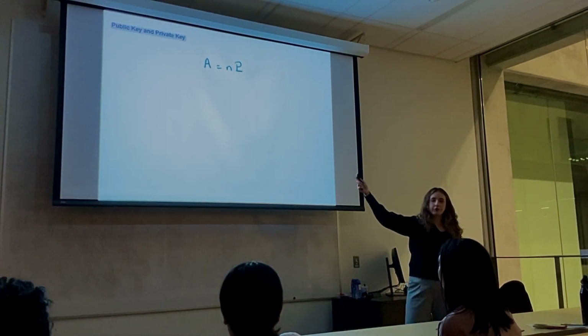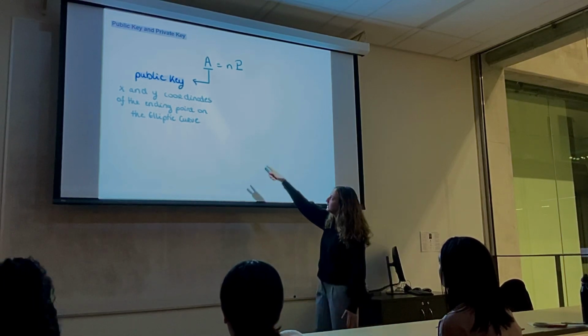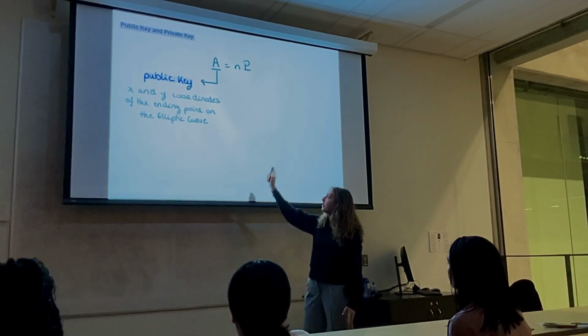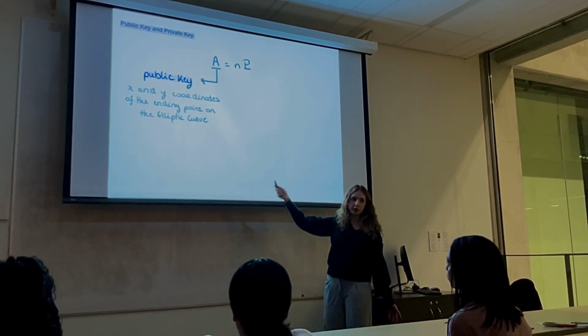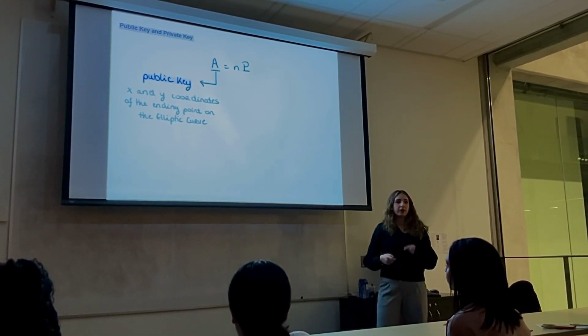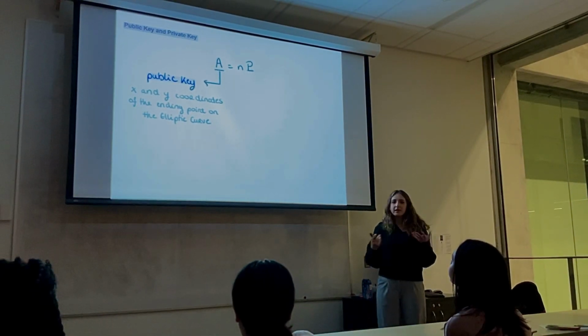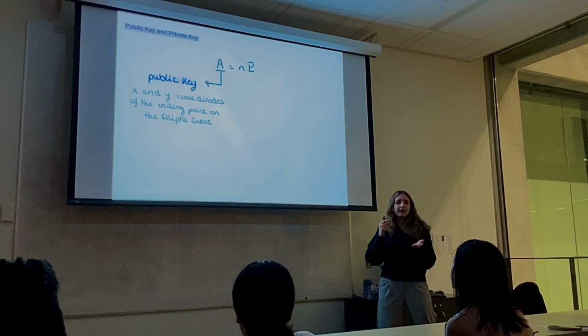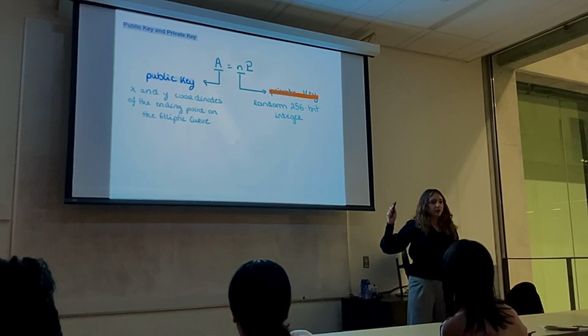If we go back to that and apply it to cryptocurrency, we have to first define what a public key and a private key are. Let's take, for example, that your public key, which is your ending point, is the x and y coordinates of the ending point on the elliptic curve. The public key is the address that you're going to give to someone when he wants to send you some cryptocurrency. But it's not safe to give this kind of address, so it's related to your private key, which will be this n number, which is really, really hard to find.